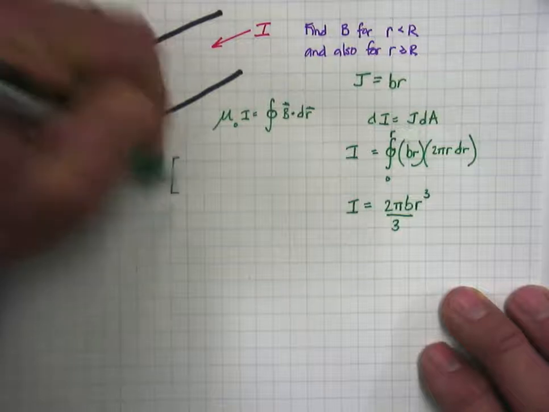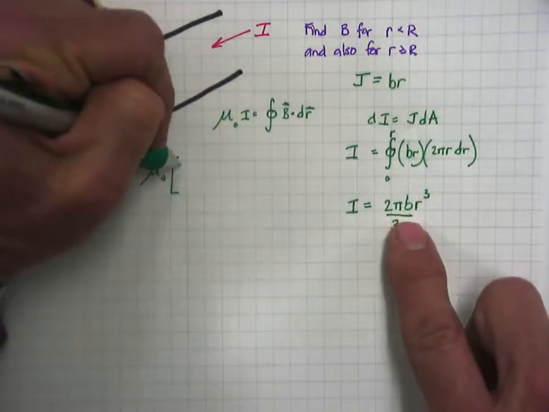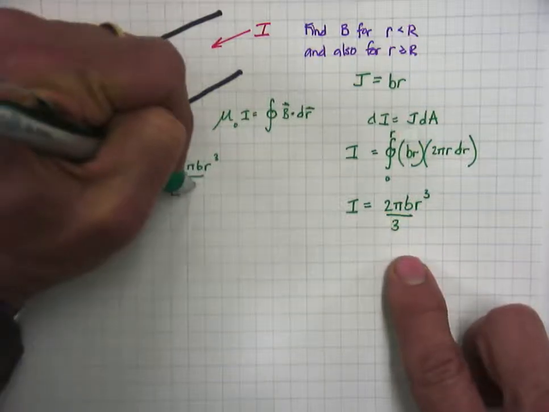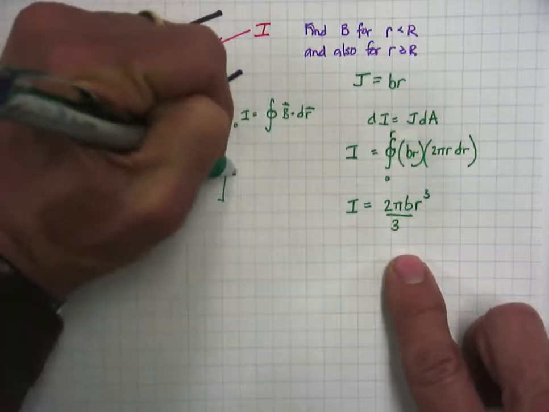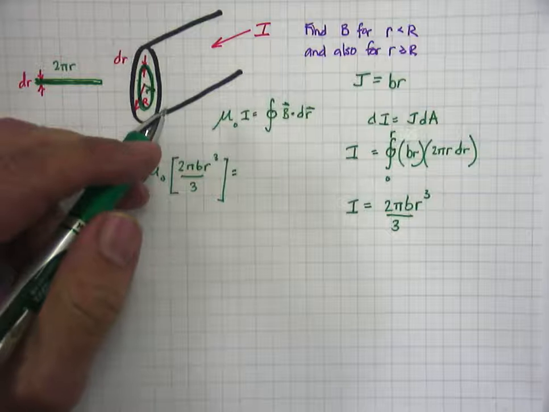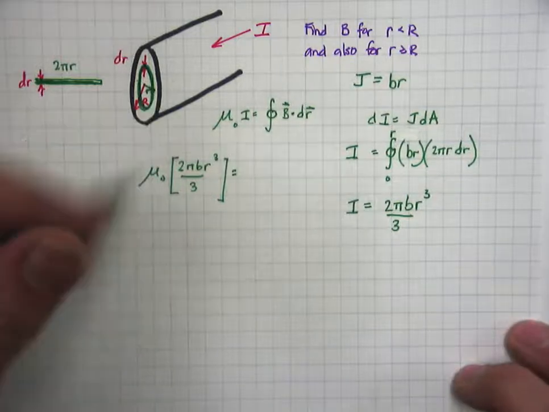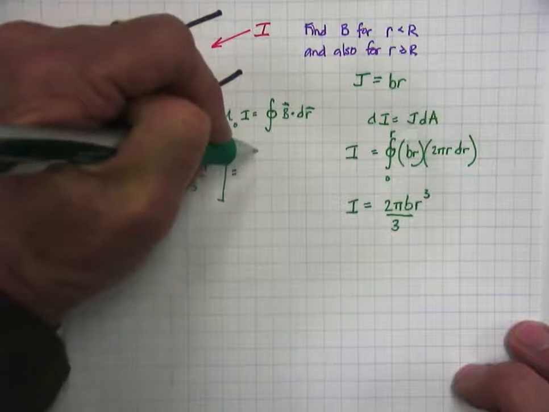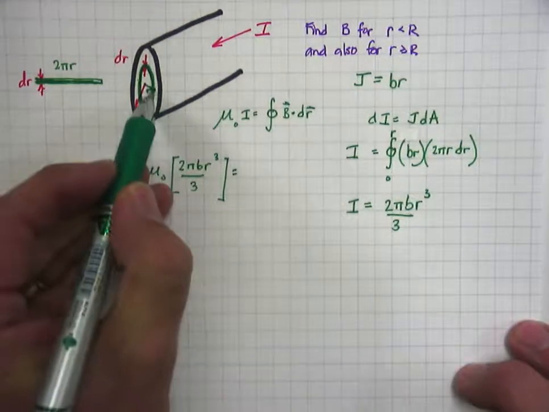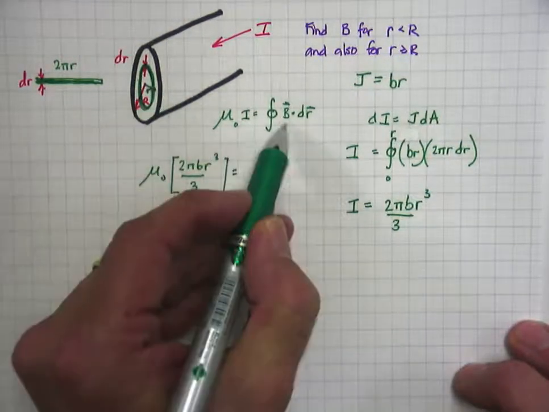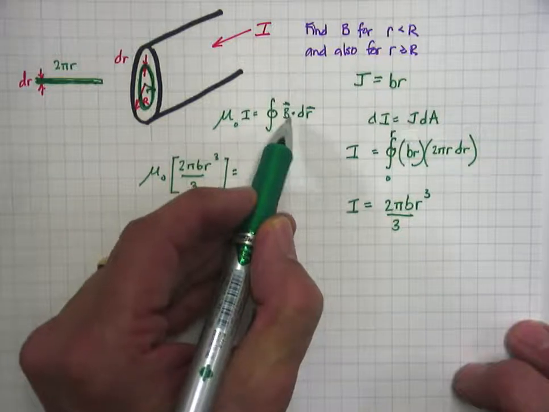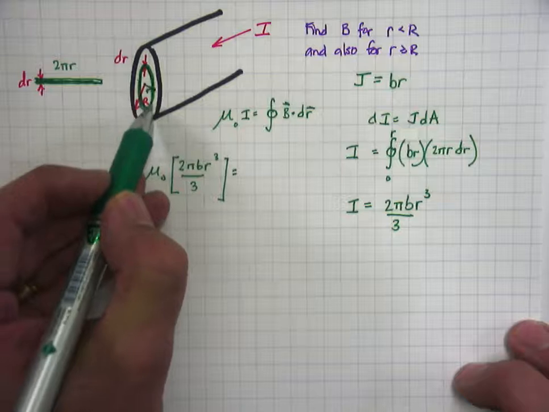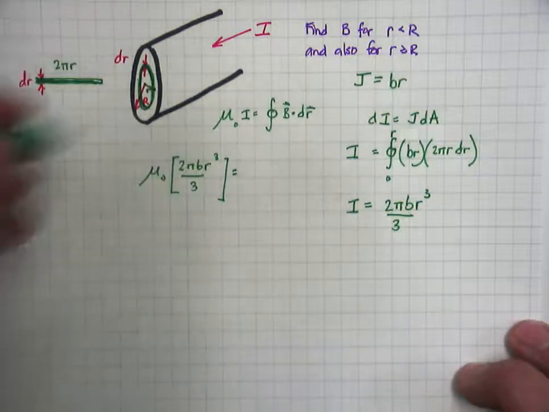So let's rewrite I this way. So I is a function of little r. And what we're doing is, remember, we're finding out what is the magnetic field at some distance r from the center. And our Amperian loop is described as adding up all of the little dl's.